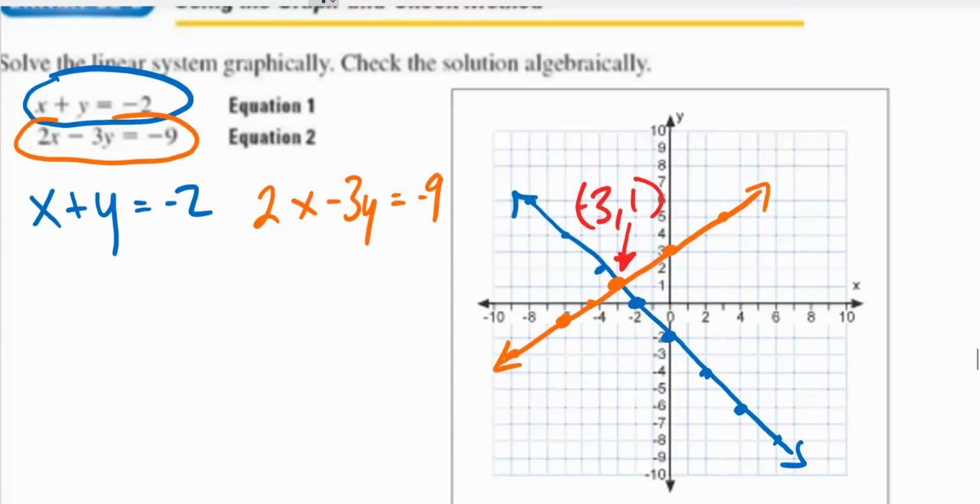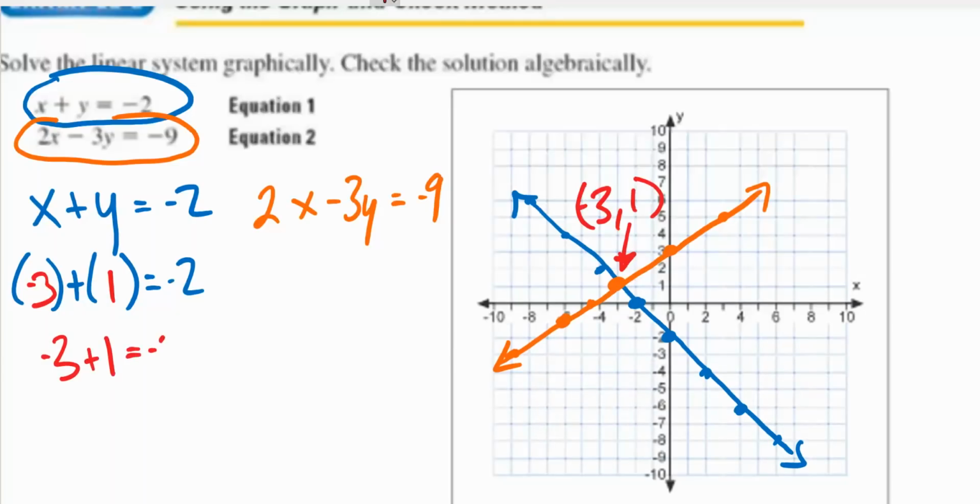So first, x plus y equals negative 2. Substituting in a negative 3 for x and a 1 for y, we get negative 3 plus 1 equals negative 2, negative 2 equals negative 2. It works for that one.